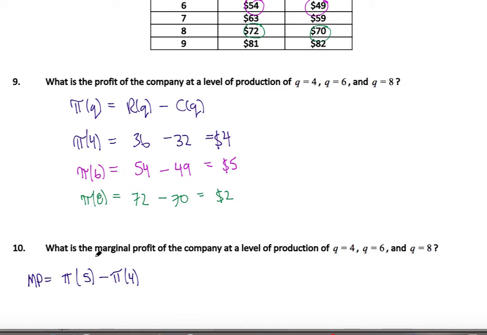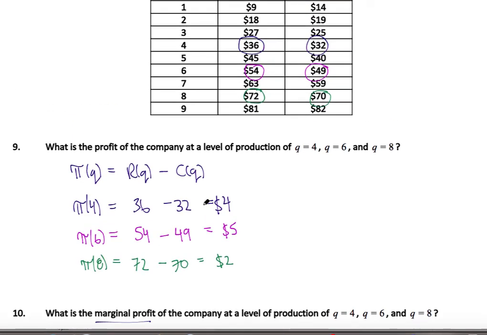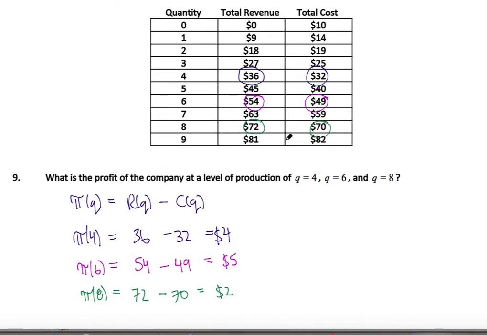Because remember, marginal is how much to make one more than this. So 1 more than 4 would be 5. So my profit at 5 is going to be 45 minus 40. So this profit is going to be $5.